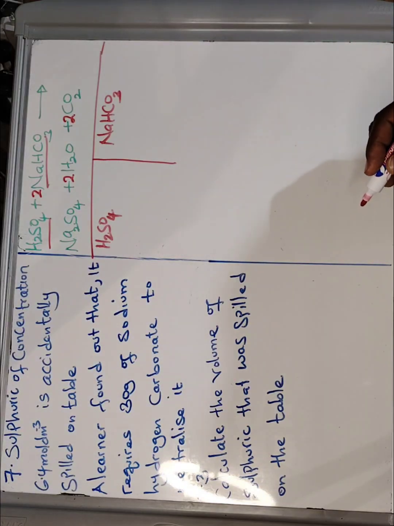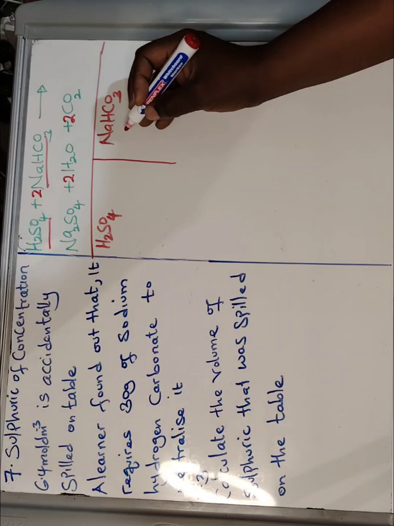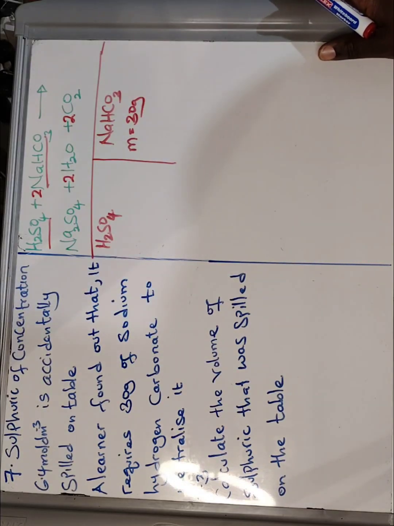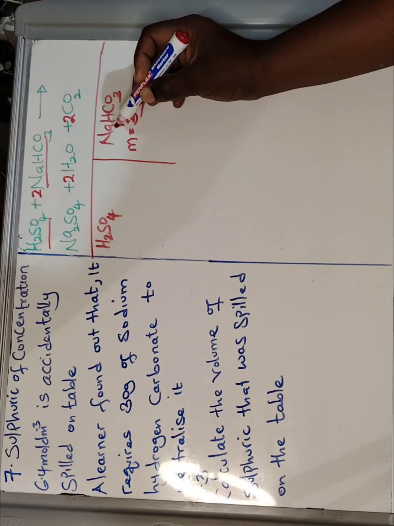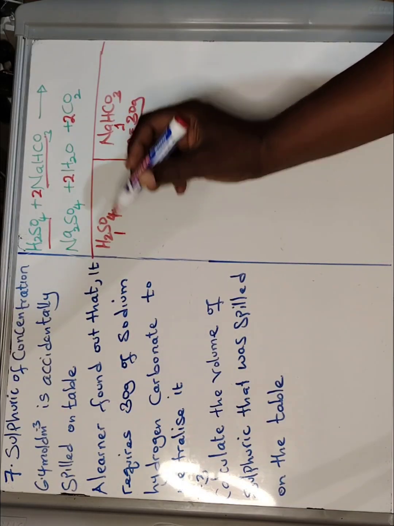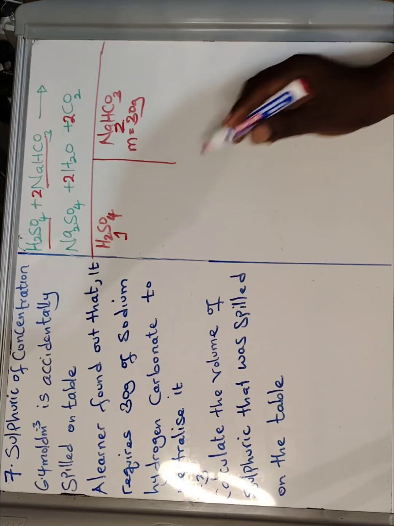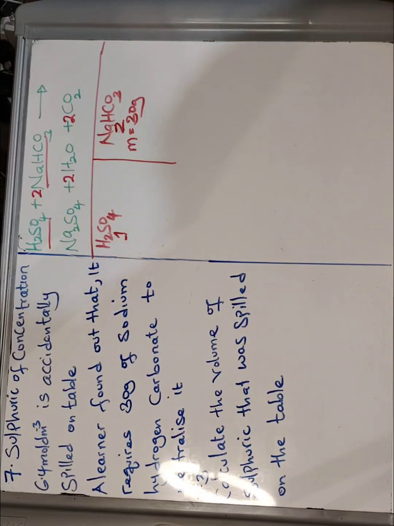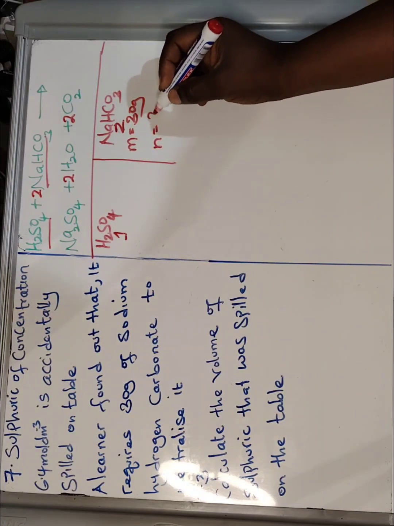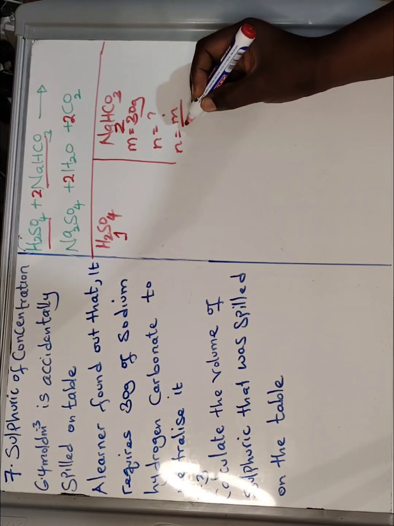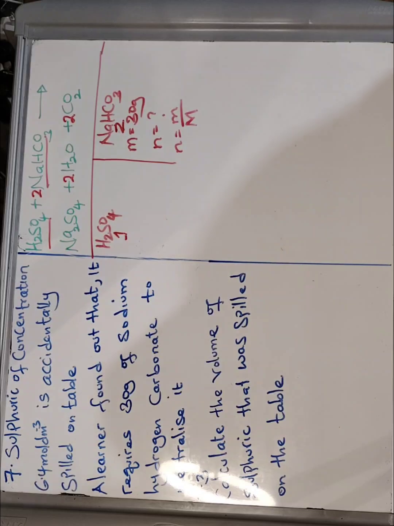And what do we know about sodium bicarbonate? We know the mass. The mass is 30 grams. We must not forget that the ratio is 2 to 1. From the mass, we get the number of moles, from the equation which says moles equals mass over molar mass.